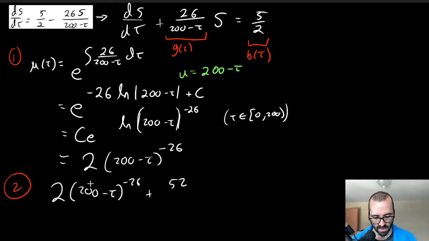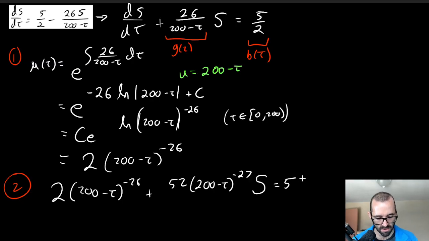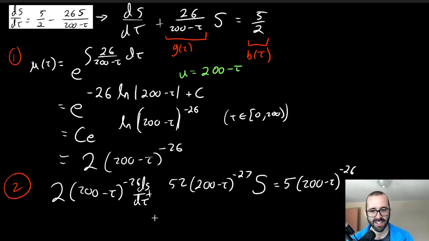Well, this times that is going to be to the negative 27th now, right? (200 minus t) to the negative 27th times s, and that's equal to 5/2 times 2, which is just 5, times (200 minus t) to the negative 26. So it looks a little weird, especially since I did not write my ds/dt.